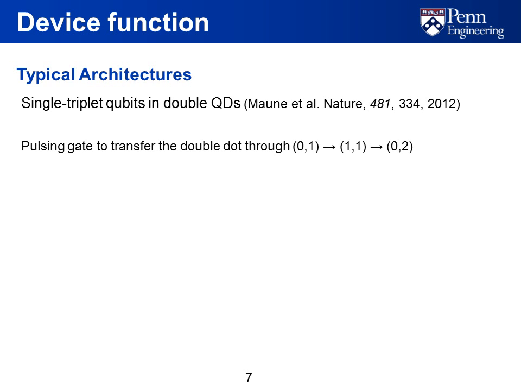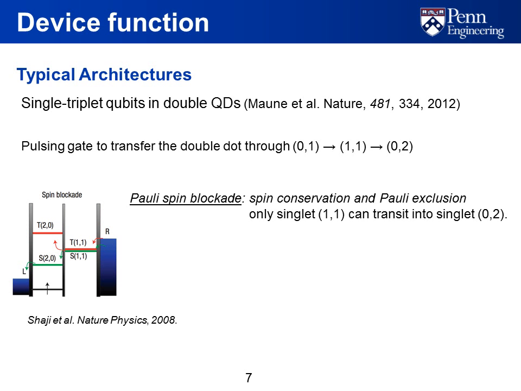Now consider a gate pulse that transfers the double dot through (0,1), (1,1), and (0,2), which means an electron is transferred from the reservoir to the left quantum dot, to (1,1), and then to the right one, which gives the state (0,2). Because the energy of the triplet (0,2) state is higher than the triplet (1,1) state, and because of spin conservation together with Pauli exclusion, only the singlet (1,1) state can transit into the singlet (0,2) state.